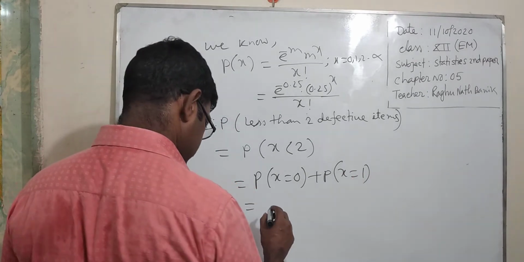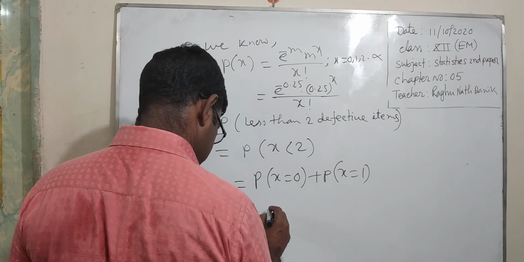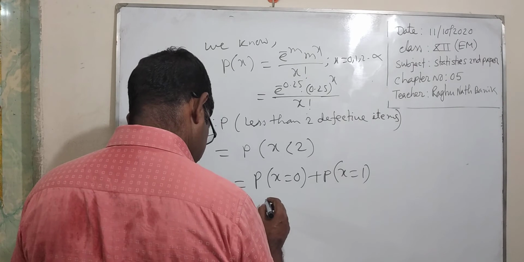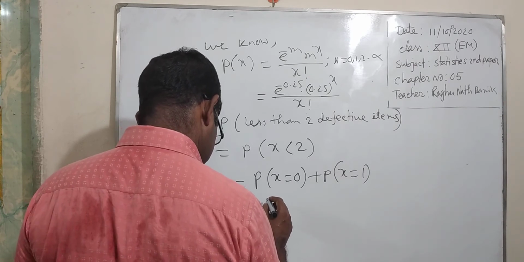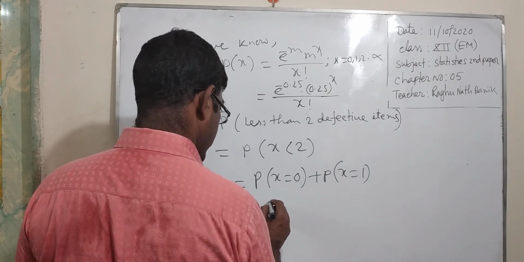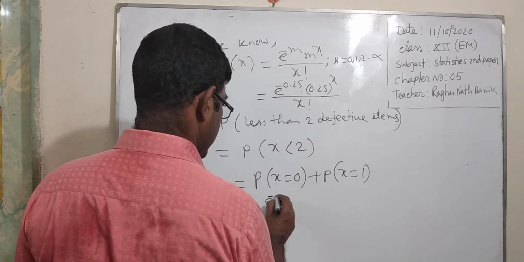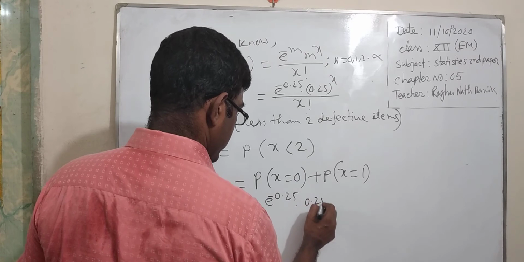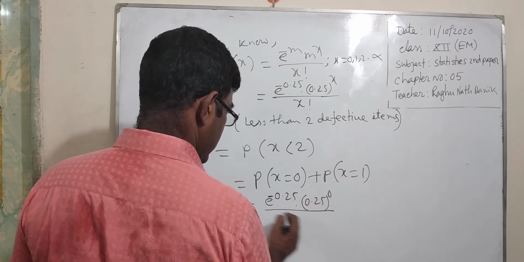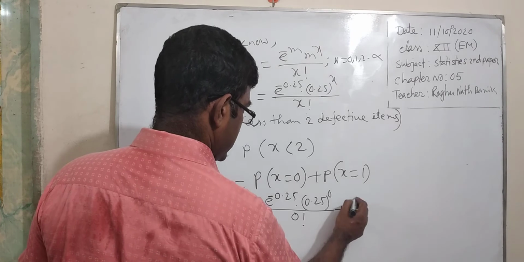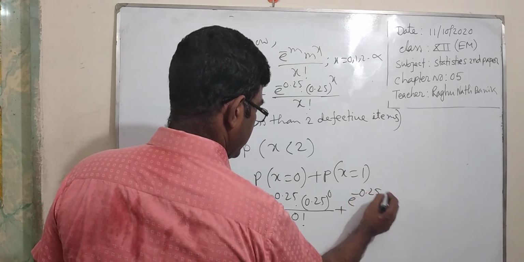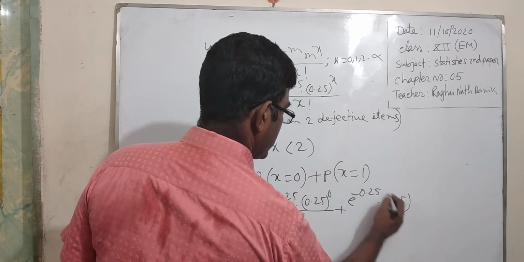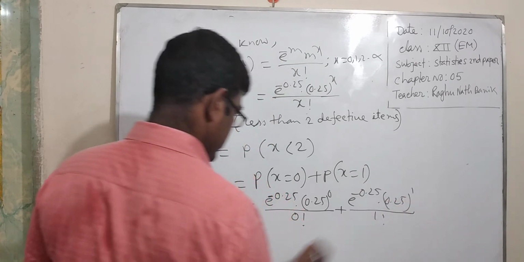That is e to the power minus 0.25 into 0.25 power 0 by 0 factorial plus e to the power minus 0.25 into 0.25 to the power 1 by 1 factorial.